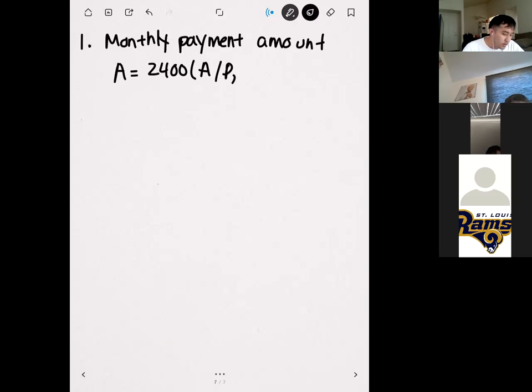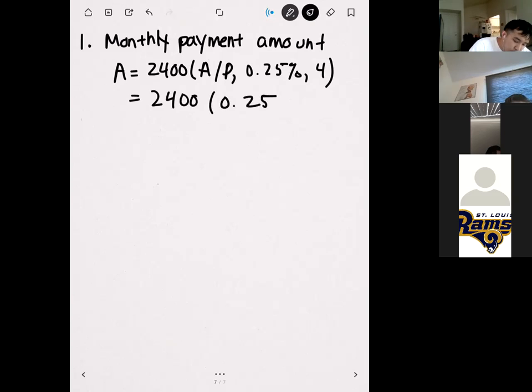So we need our A over P factor. Our interest rate is 0.25%, and we have 4 periods. If we look up this value in the table, this is 0.2516. And so we get a uniform series payment amount of $603.84.